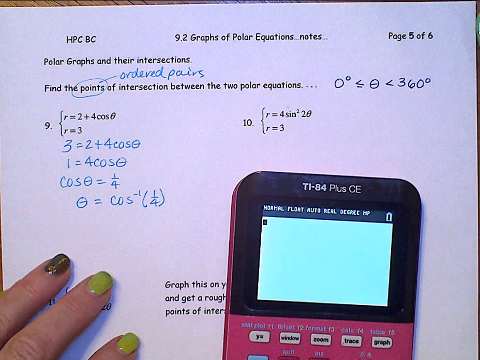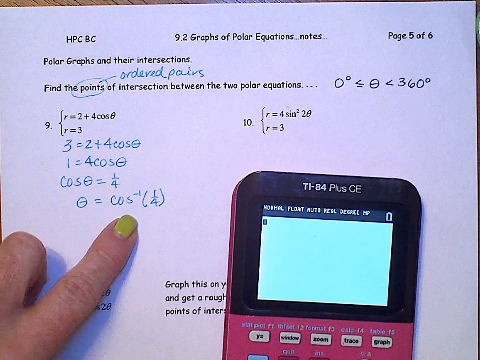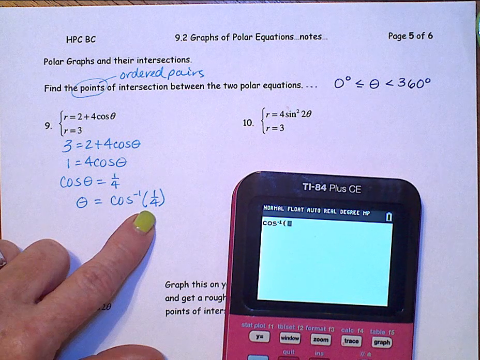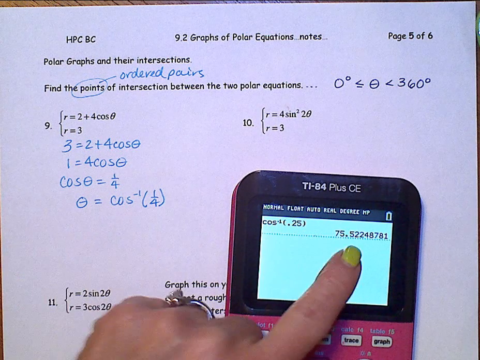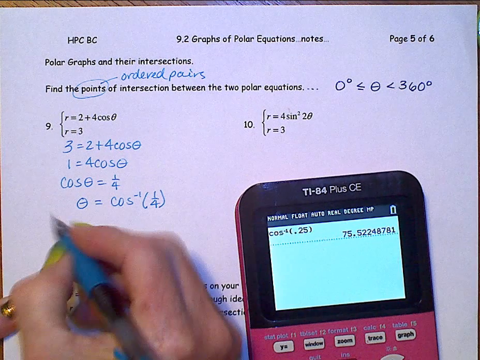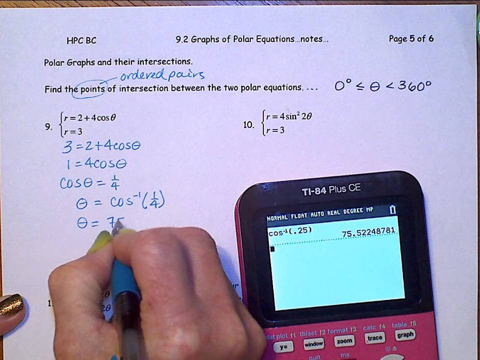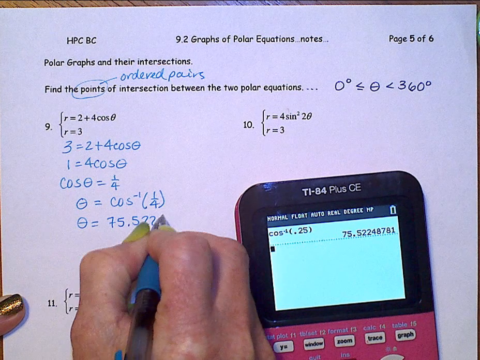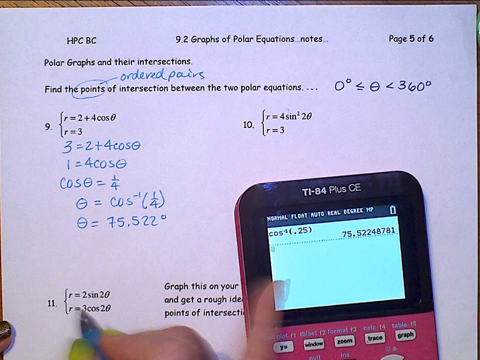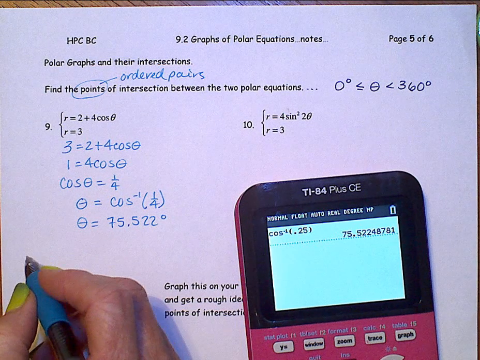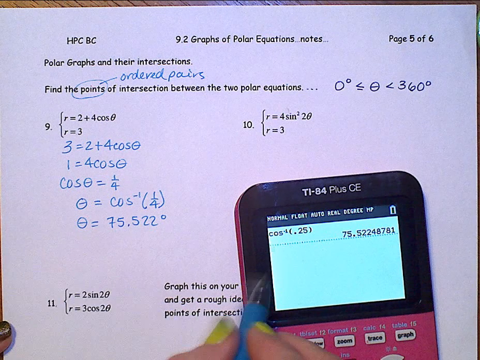And let's go inverse cosine of 1/4. And we get 75.522. Those are degrees. Now keep in mind your calculator is restricted and giving answers just in the domain of first and second quadrants for inverse cosine.